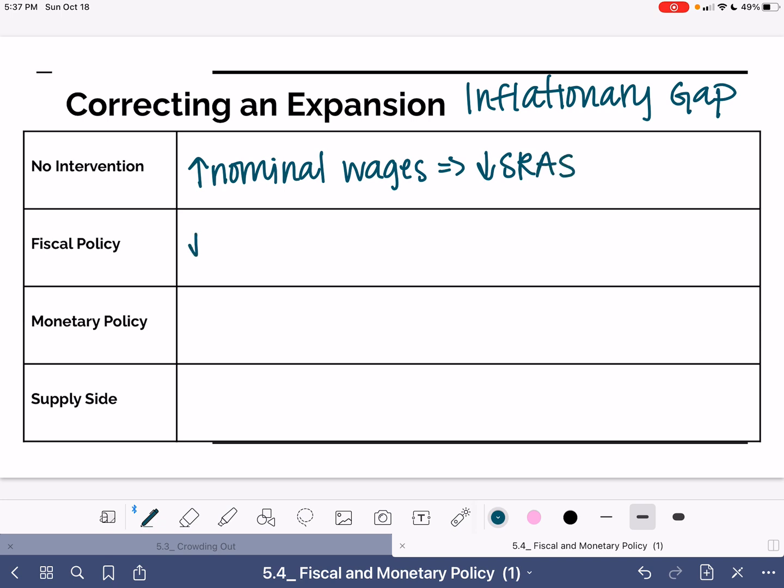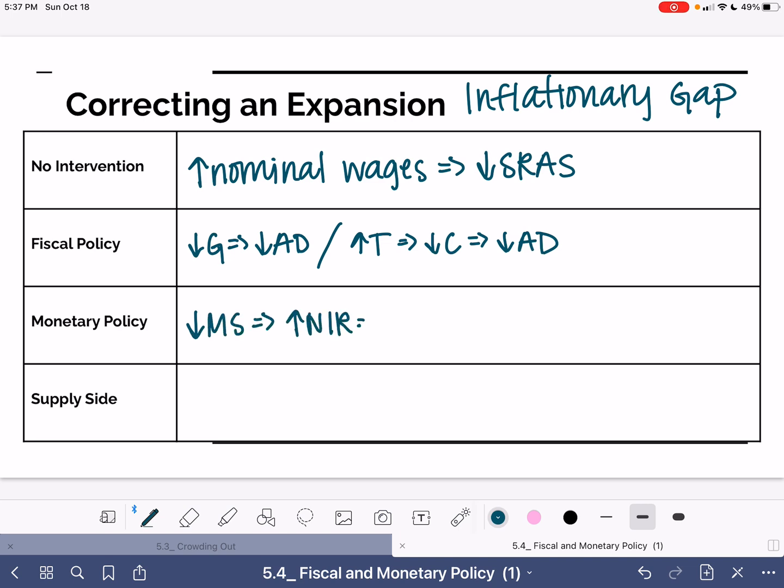Fiscal policy, we want to decrease government spending, which will decrease aggregate demand, or we can increase taxes, which will decrease consumer spending, which will then decrease aggregate demand. Monetary policy is the change in interest rates, so we want to decrease the money supply, which will increase our nominal interest rates, which will then decrease investment spending, which will decrease aggregate demand.